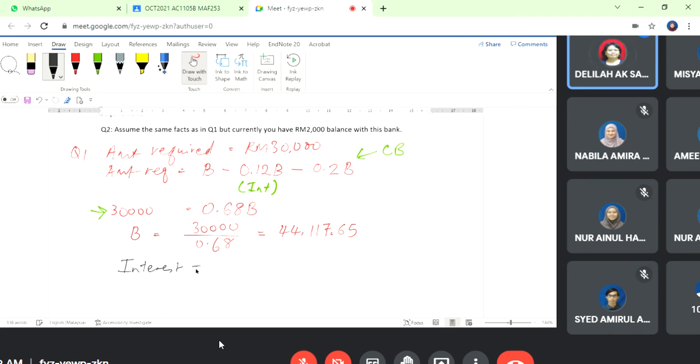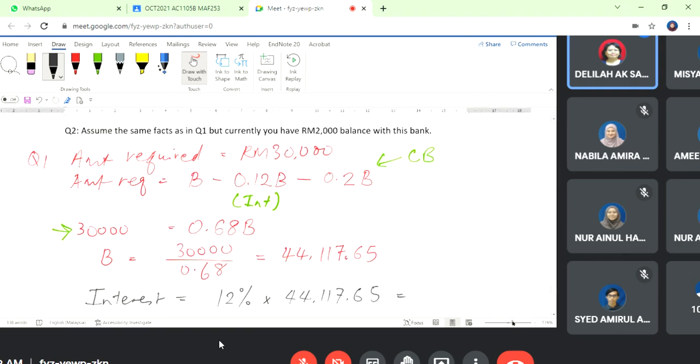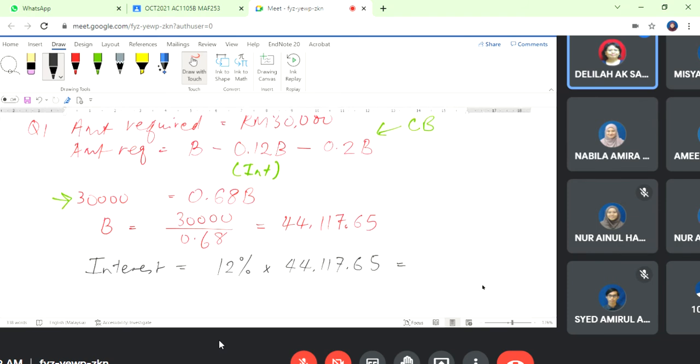Okay, because if you don't calculate interest, then you cannot calculate EAR. Interest is 12%. 5,294.1. 5294.